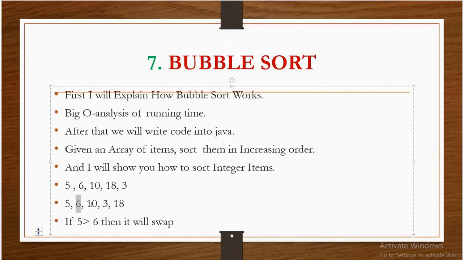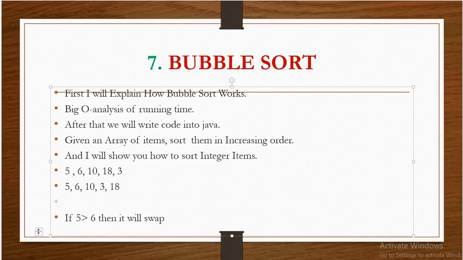If 6 is greater than 10, then it will swap, otherwise it will check the next 10 and 3. Now 10 is greater than 3, so it will be swapped. 6, 3 and 10 will be swapped. Now the last two integers are the biggest in our integer array, so no need to check these, and next it will check from 5 to 3 only.